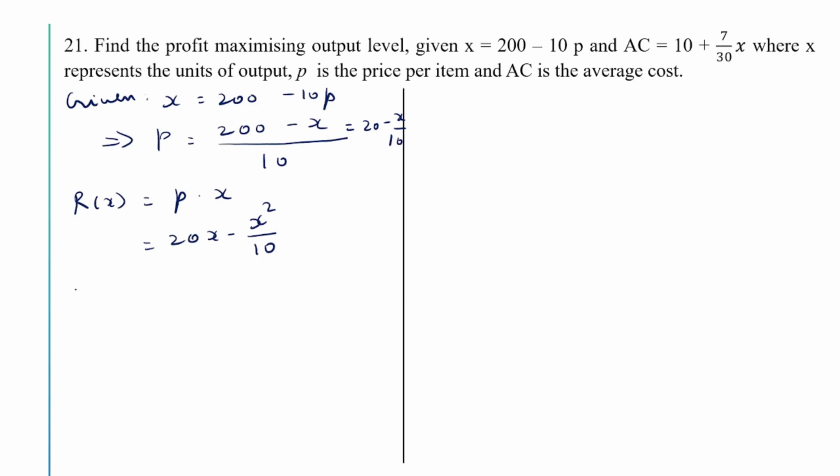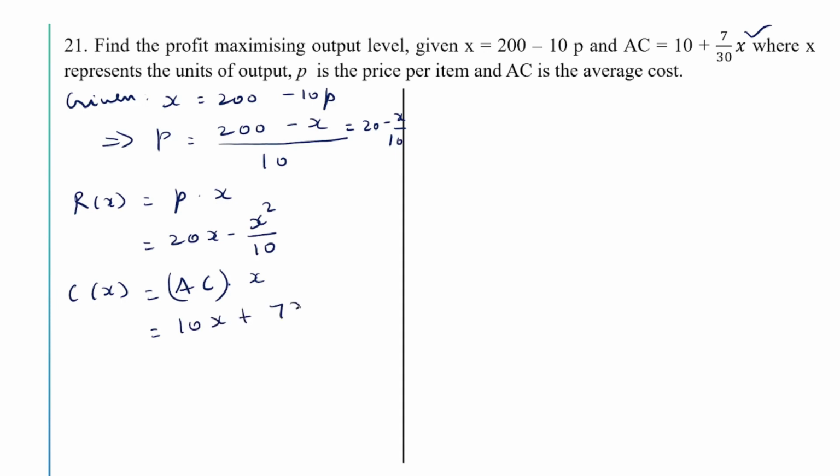Then the average cost function is also given. So from that we can find the total cost function. So total cost function is equal to average cost into x. So here the average cost function is given. So this is equal to 10x plus 7x square by 30.